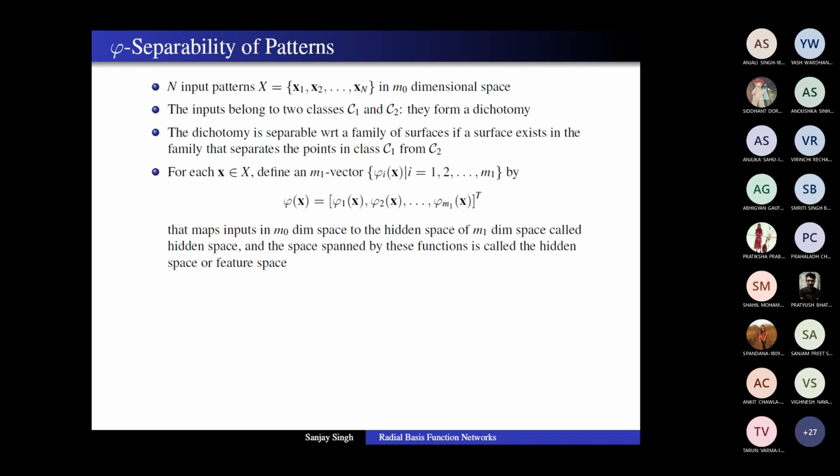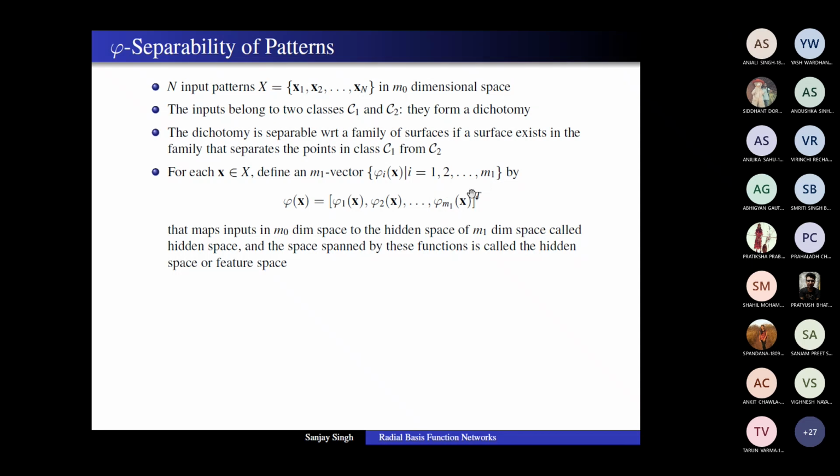Let's see. For each data point from the entire set X, we define an M1 vector, phi_i(x), for i equal to 1 to M1.